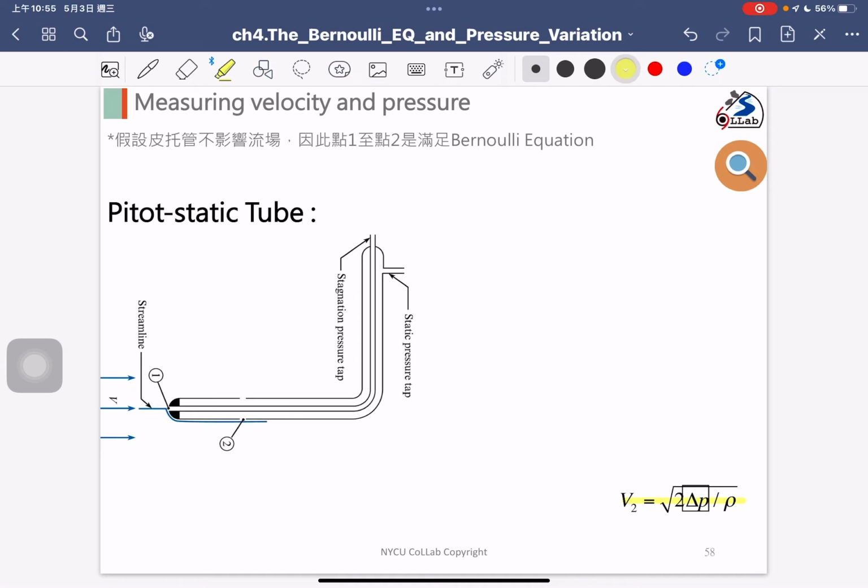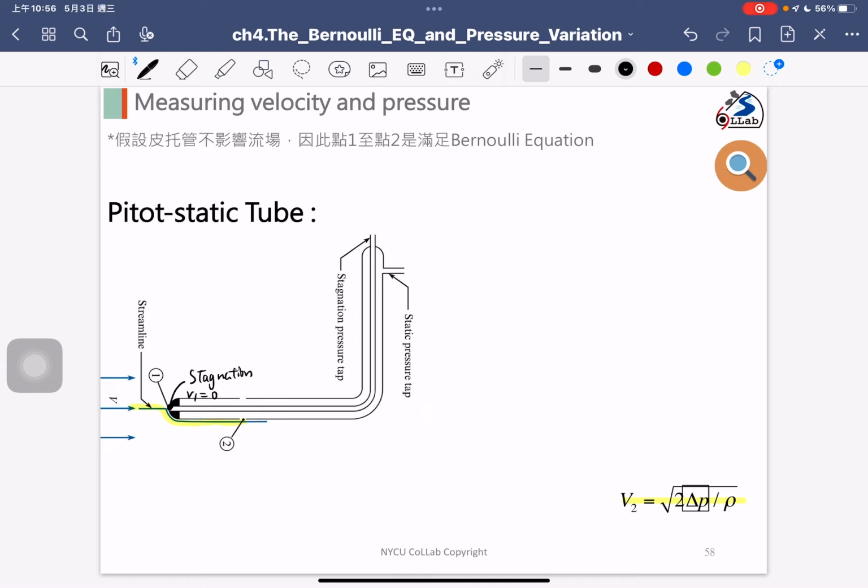We go back to the cartoon figure and consider the Bernoulli equation along the straight line like the yellow line shown here. So we make a balance with the Bernoulli equation. Because it is the stagnation tube, point 1 is a stagnation point, right? So V1 will equal 0.